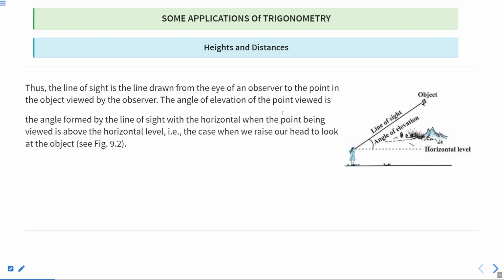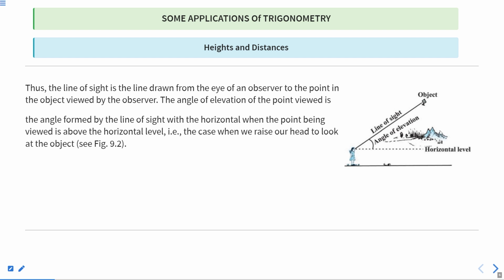The angle of elevation of the point viewed is the angle formed by the line of sight with the horizontal level, when the point being viewed is above the horizontal level. That is the case when we raise our head to look at the object.